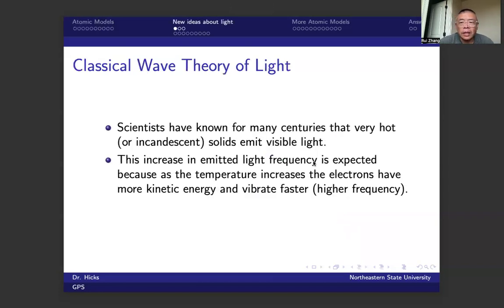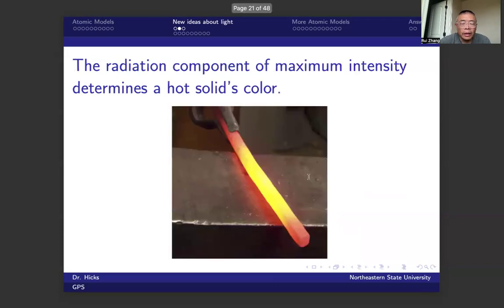So let's talk about the theory of light. Classically we understand light as an electromagnetic wave. So it's a wave. And from this, if you do an experiment, this is actually radiation of some material at very high temperature. See, this is a piece of steel rod.